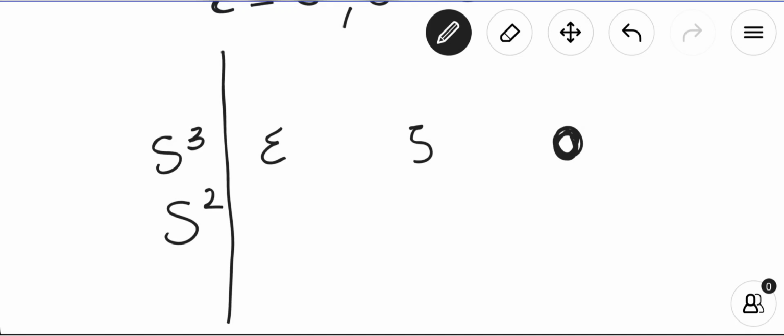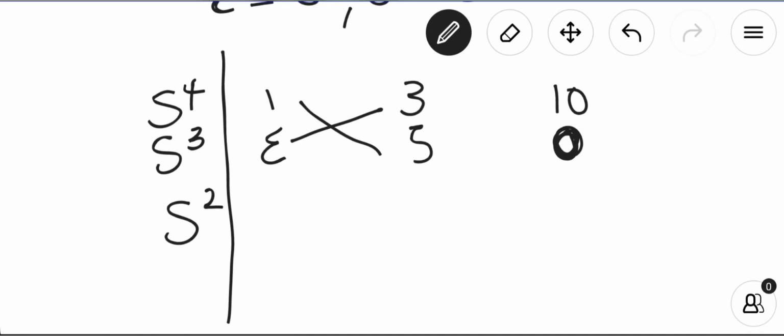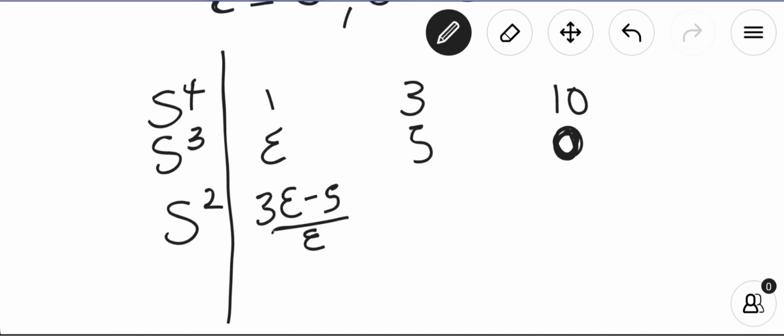S squared. Now let me add this other row because we will need it for this operation. If you do the same thing here, this times this, this times this minus this times this, all divided by this, you should have 3 times epsilon, or let me do it this way, this will be 3 minus 5 over epsilon.